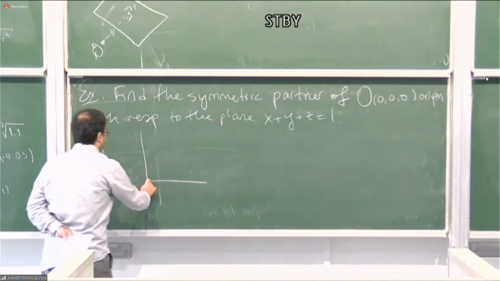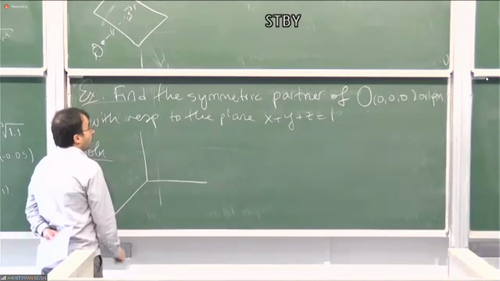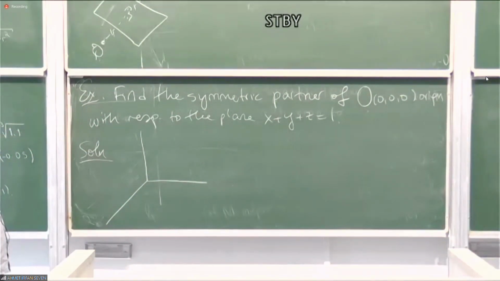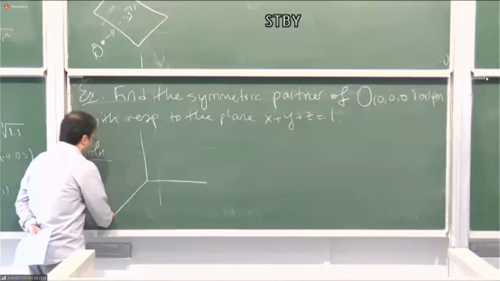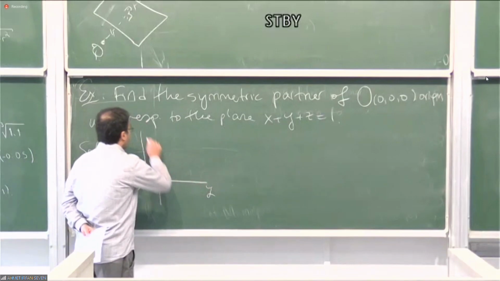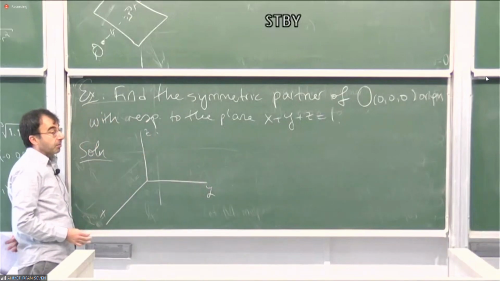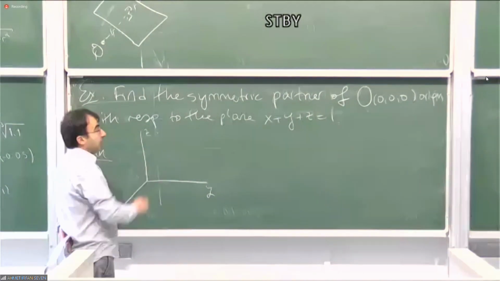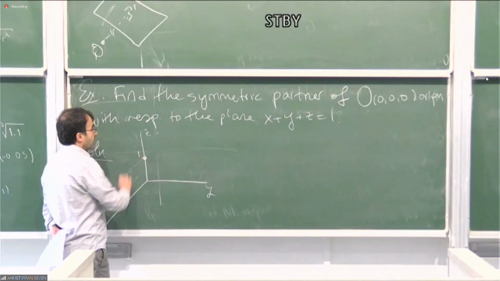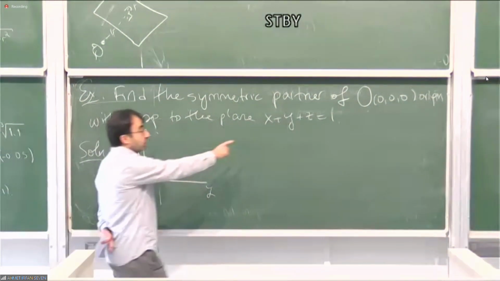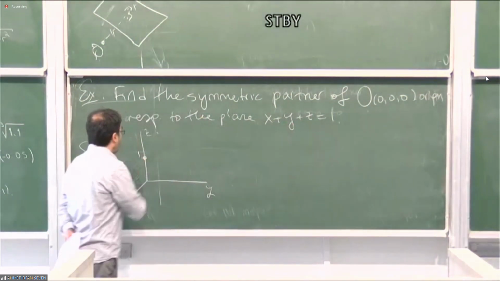So let's see what kind of picture we have. x plus y plus z equals 1. Can I sketch this plane? Well, yeah. So this is the plane. Let's find the intercepts, right? At what points will this plane intersect the coordinate axes? If I put x equals 0, y equals 0, then z will be 1.